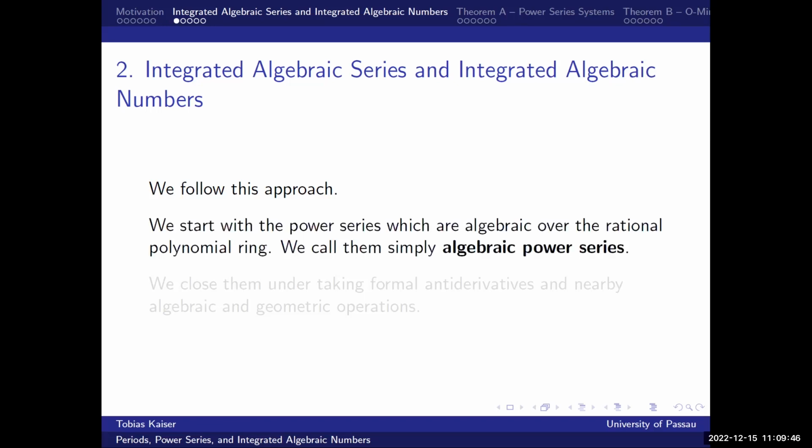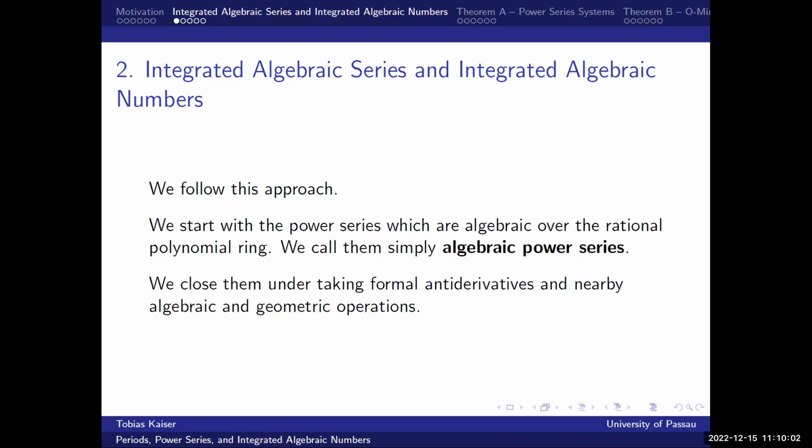We start with the power series which are algebraic over the rational polynomial ring, the same as the power series which are semi-algebraic over Q. We call them simply algebraic power series. We close them under taking formal antiderivatives iterated and nearby algebraic and geometric operations.